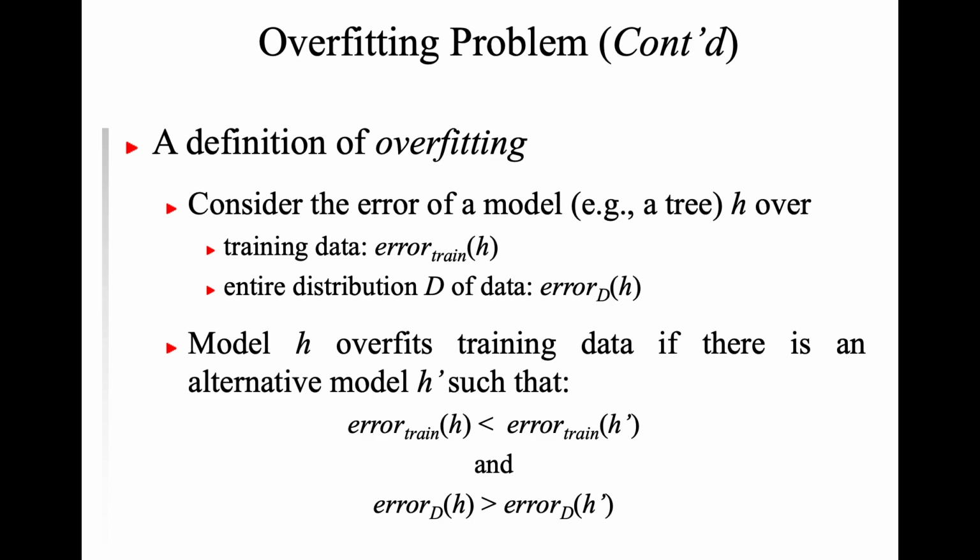And we say the model overfits if we have another model that performs poorer on the training data with respect to our model, but performs better in predicting unseen data compared to our model. So if there are some other models that predict better on the test data, then we say that our model overfits, because our model only performs well on the training data.